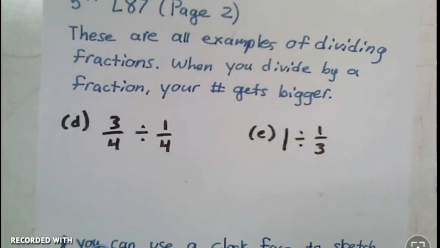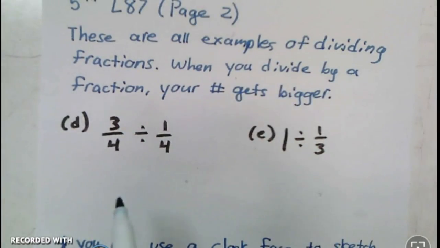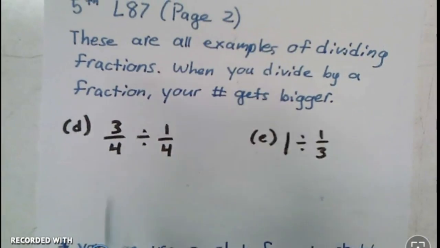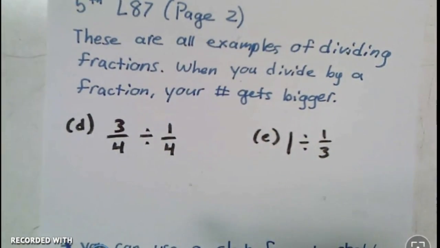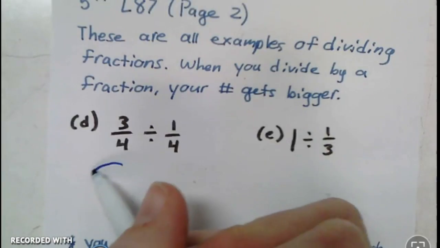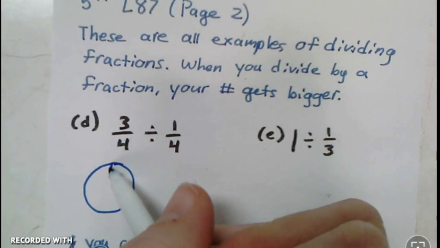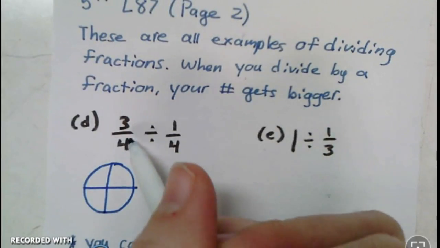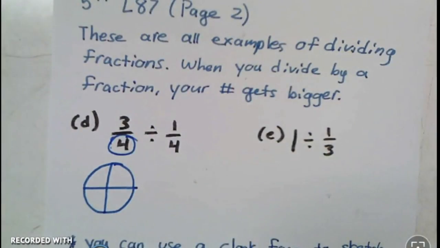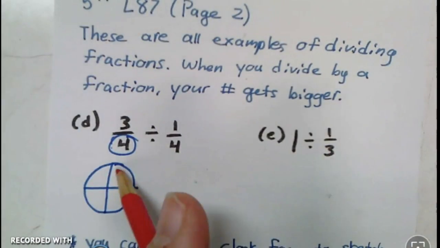Page 2. These are all examples of dividing fractions. When you divide by a fraction, your number gets bigger, as you've already seen. So here we just have it written out straight like that. 3/4 divided by 1/4. So I'm going to draw a picture. I'm going to divide it into fourths. I'm going to shade 3 of them in.